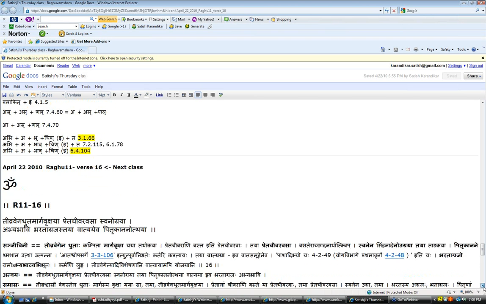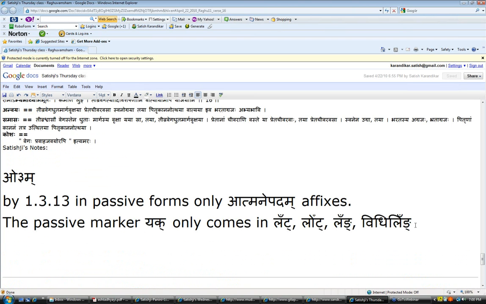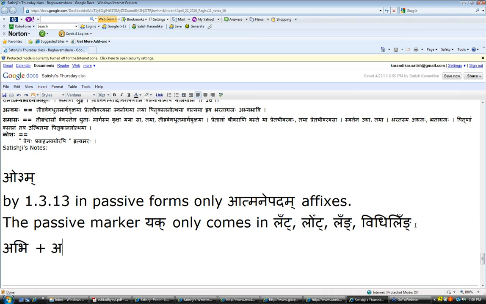It's not lung because if it were a lung lakara form, we would have had the form abhyabhuyata. And this you should be able to do because it's very simple.